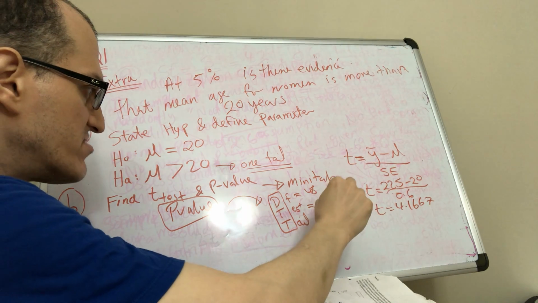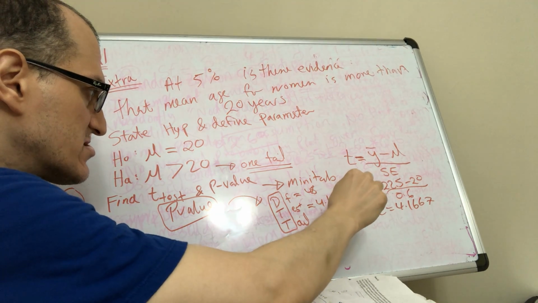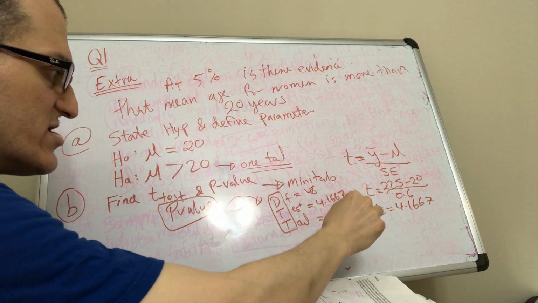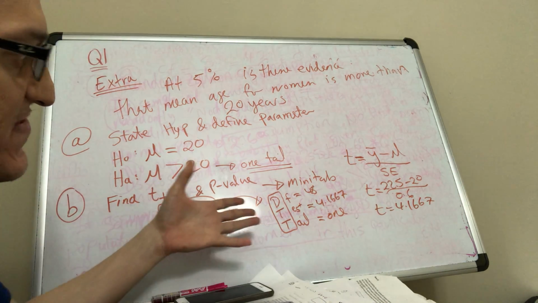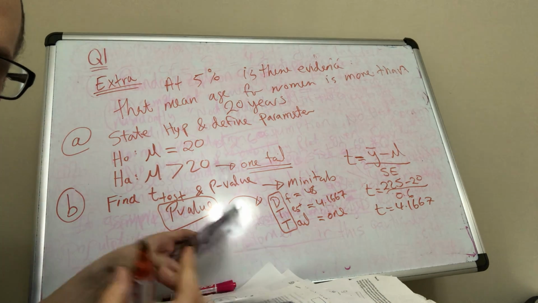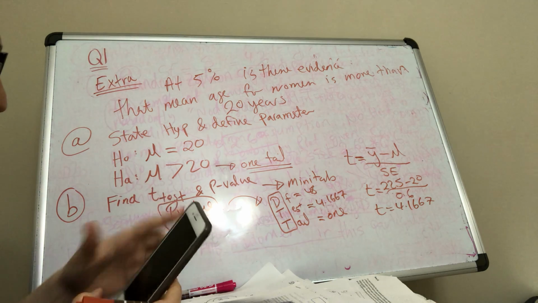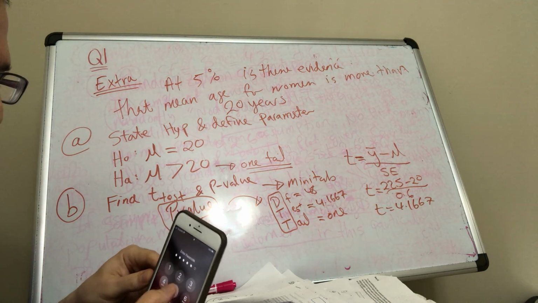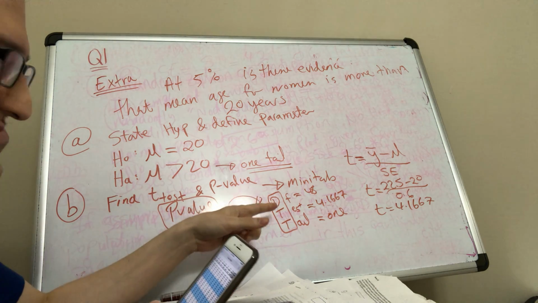Test number is 4.1667. And we mentioned here that it's one tail. Again, I think that if they ask you the hypothesis question, in Minitab you'll see the p-value and the test. But if you have to do it, you have to use the table.